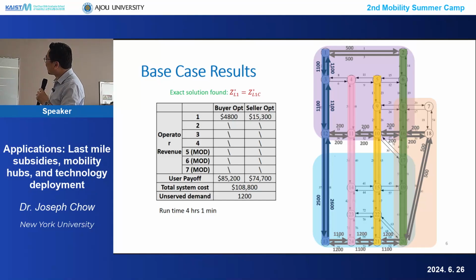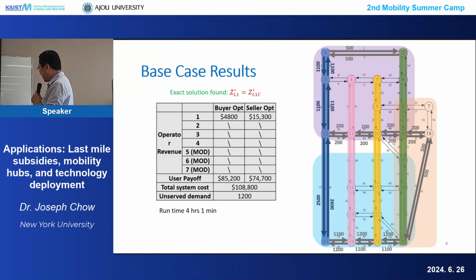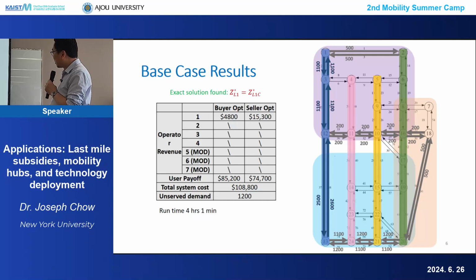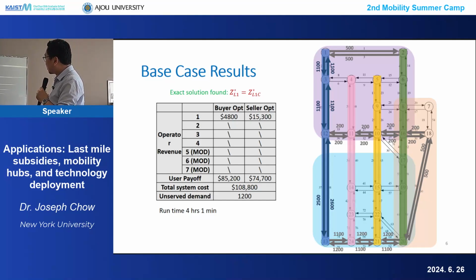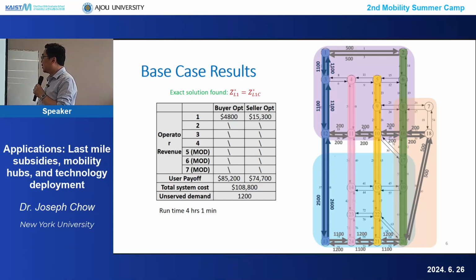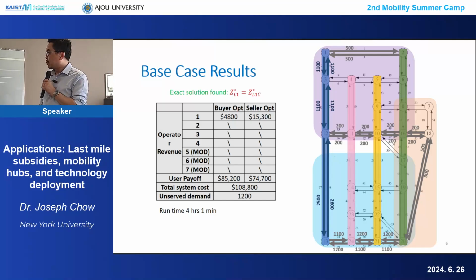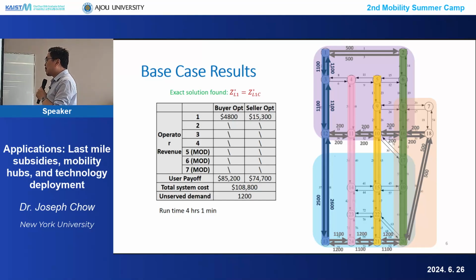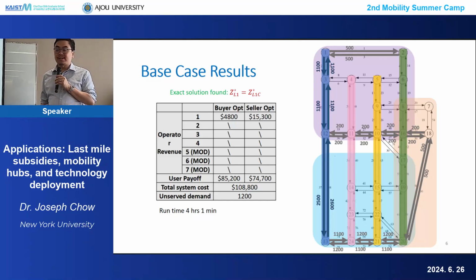These are people just walking along the links, so there's no operating costs for them. The operating costs are along the blue route. So only operator 1, which is the blue route, runs the service, with this range of the revenue that they might get. The user payoffs, if you add them up, are what you would see.